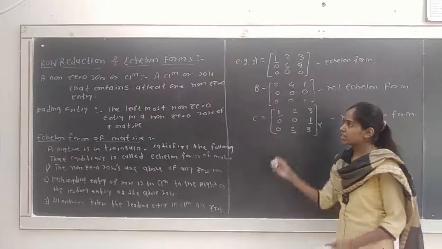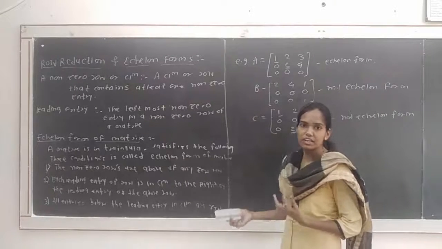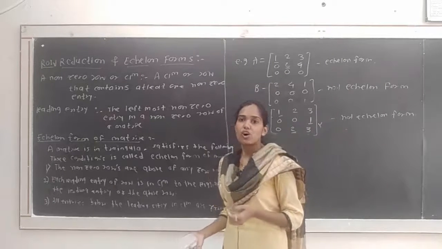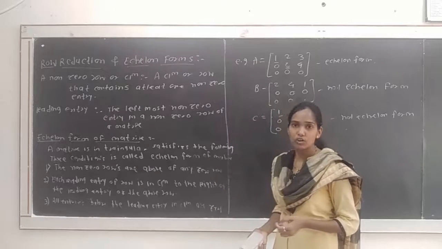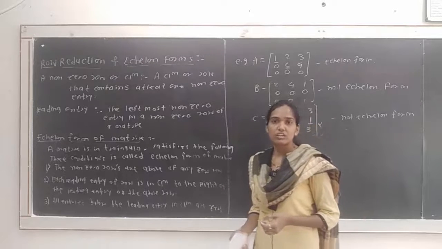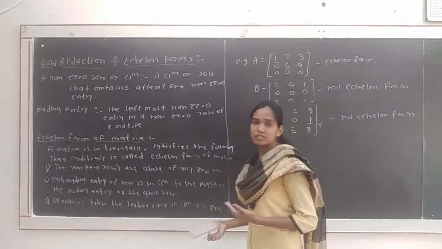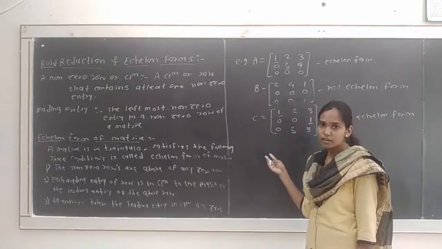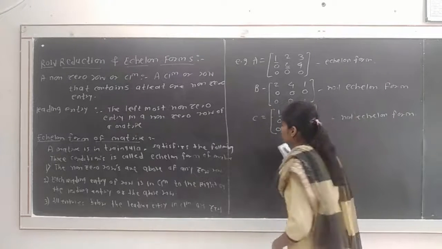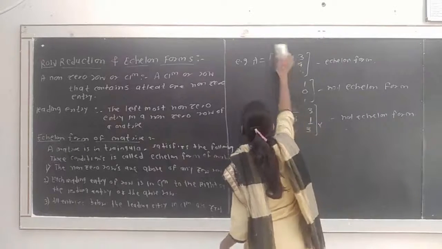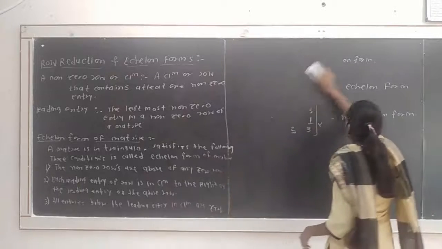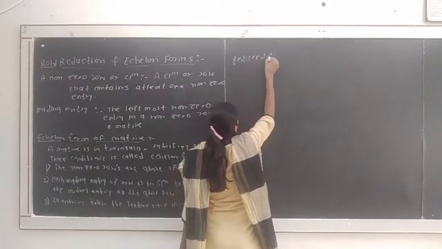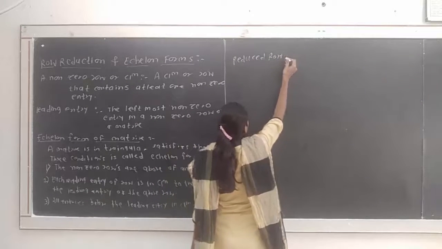In this way, we can easily check whether the given matrix is in echelon form or not, and by using row reduction or row operations, we easily convert the given matrix to its echelon form. Then next we have to see the reduced row echelon form of a matrix.